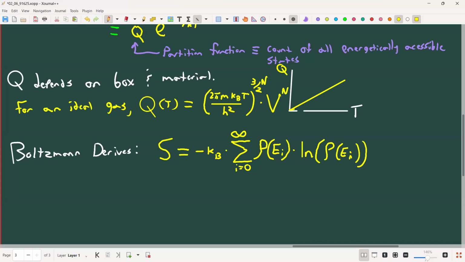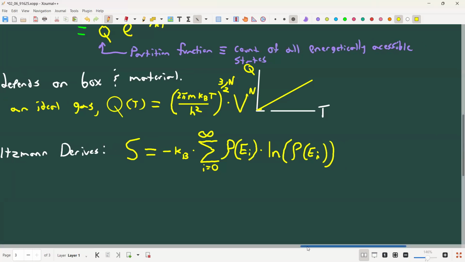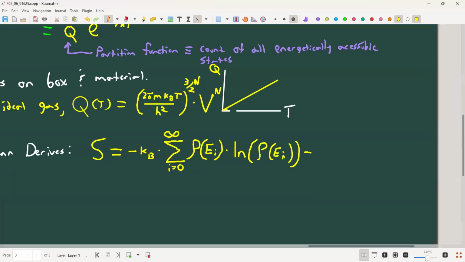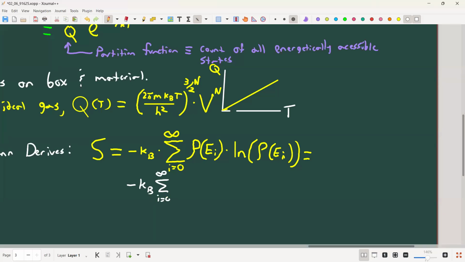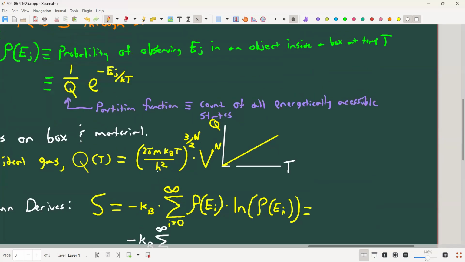All right, so let's do a little bit of math. So we have a k_B here, sum over i from 0 to infinity. And what I can do now is plug my probability equation into my expression.